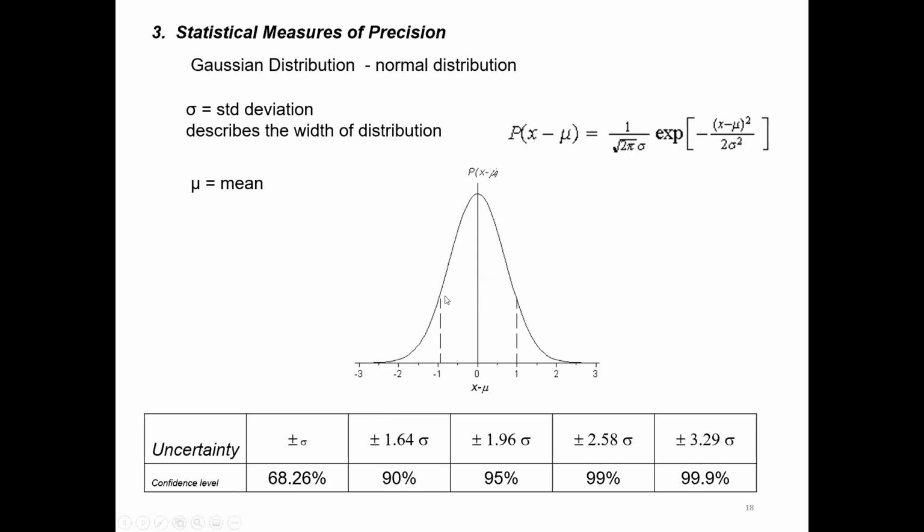That means the area covered by the curve, if we just look at the plus minus 1 sigma here, will cover 68% of the whole area under the curve. So 68% of the incidents will happen within that plus minus 1 sigma. In scientific measurement, we use 95%. So roughly 2 sigmas. So roughly here, that's what we want to cover.